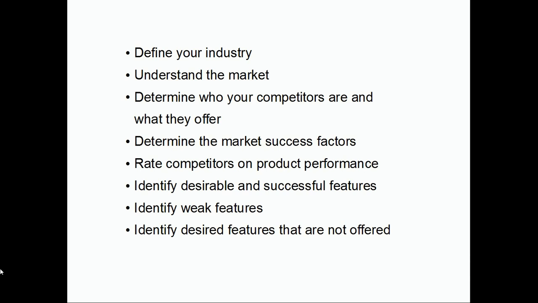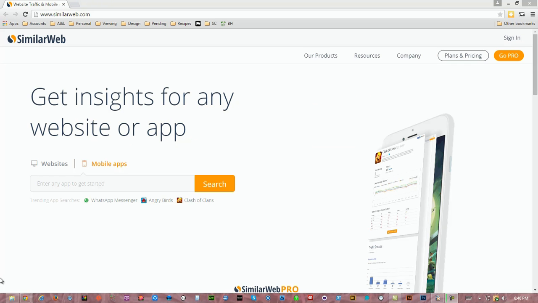And you may also want to look for services or publications that track demographics, statistics regarding sales, trends, and other consumer information. Once you determine who your competitors are and what they offer, you can leverage services to get to know them. One such service to consider is SimilarWeb.com.